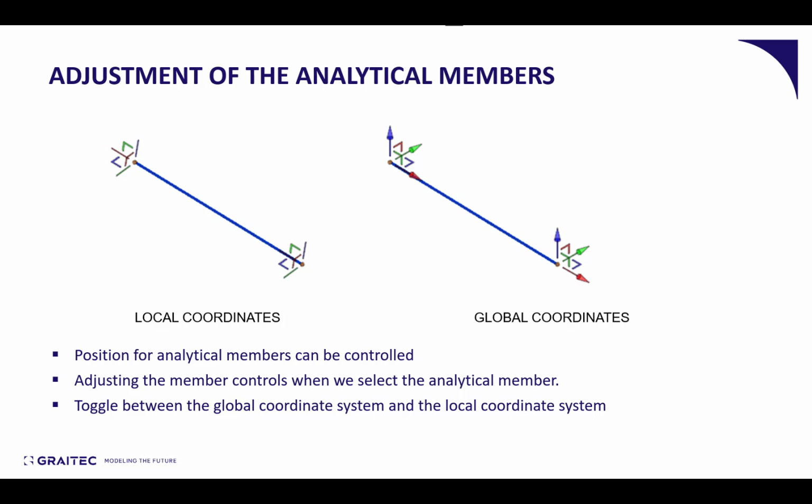With those handles, users are able to stretch the analytical model in Revit in a very flexible way, which allows users to make various adjustments on the analytical model without having to disconnect the structure, or without having an impact on the real physical model.